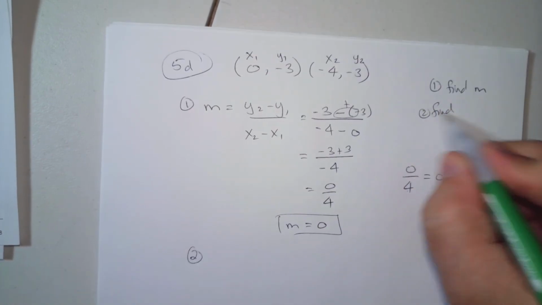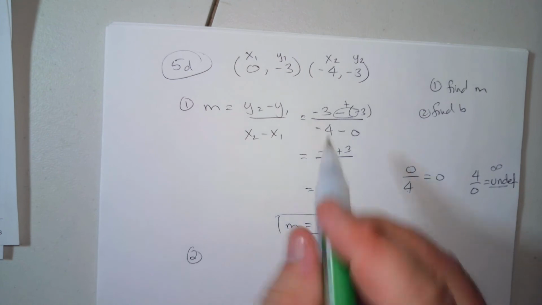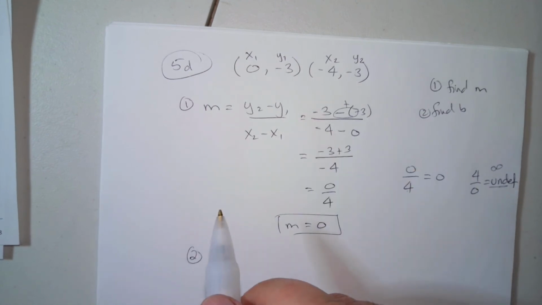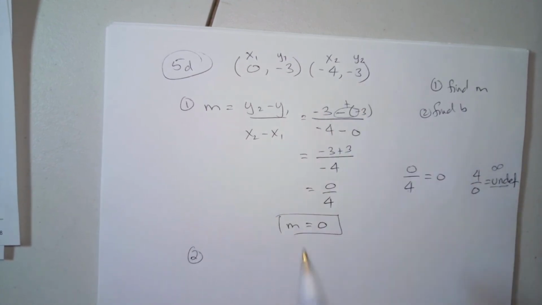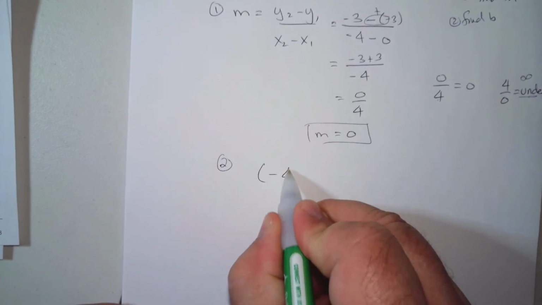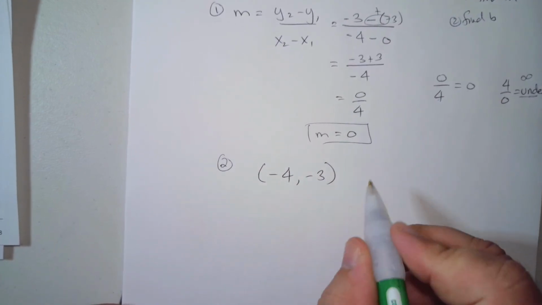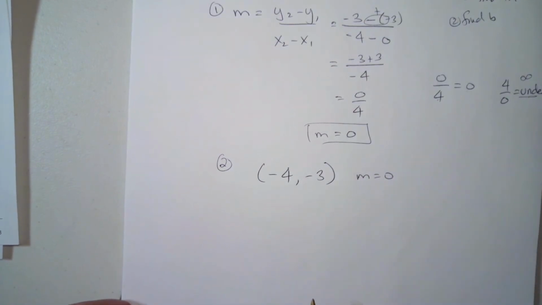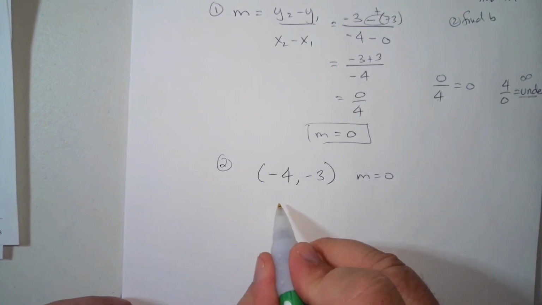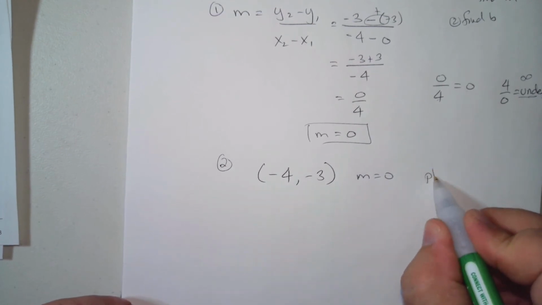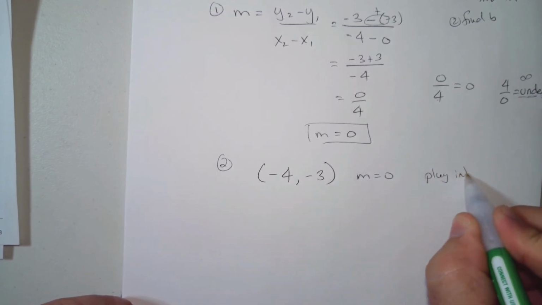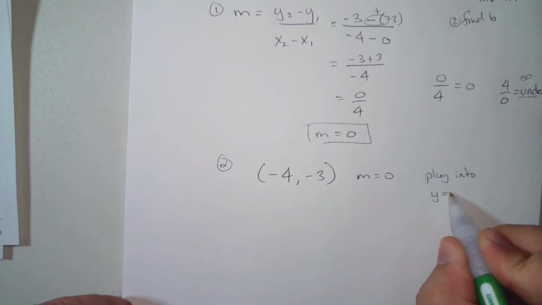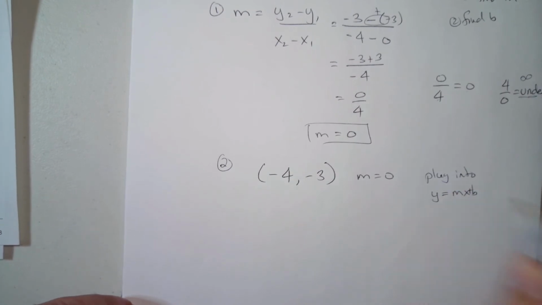Now we've got to find our b. Choose one of the two points. I choose the bigger one. You can choose whatever's easiest for you. So I pick that point, and I have my slope. I plug those into y equals mx plus b and solve for b.